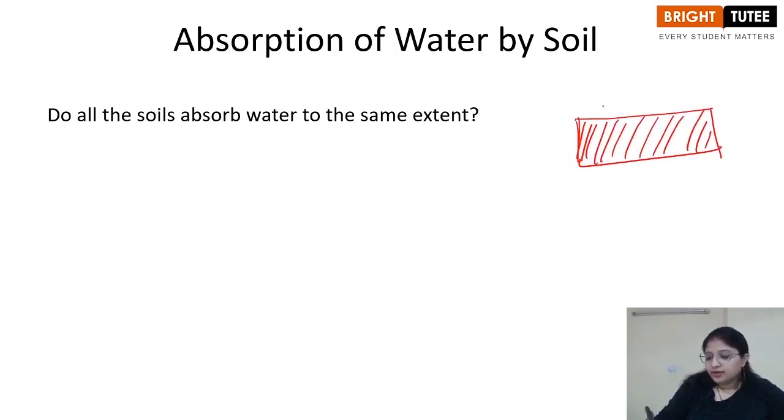Percolation means how much water the soil is able to absorb and it goes beyond this, that means it is able to move deep into the soil parts. Whereas when we are talking about absorption by the soil, we are only concerned with this particular layer.